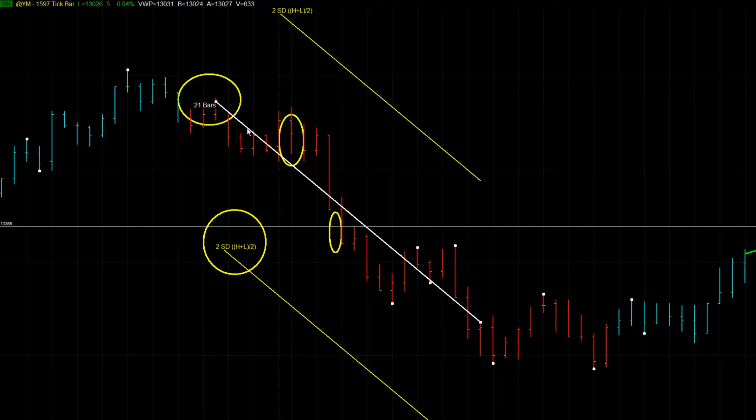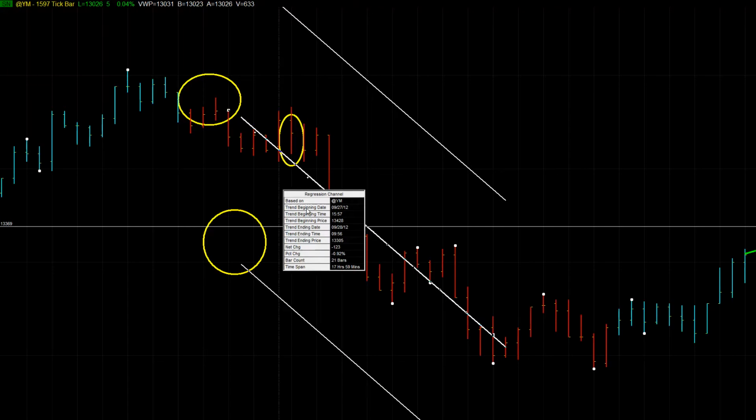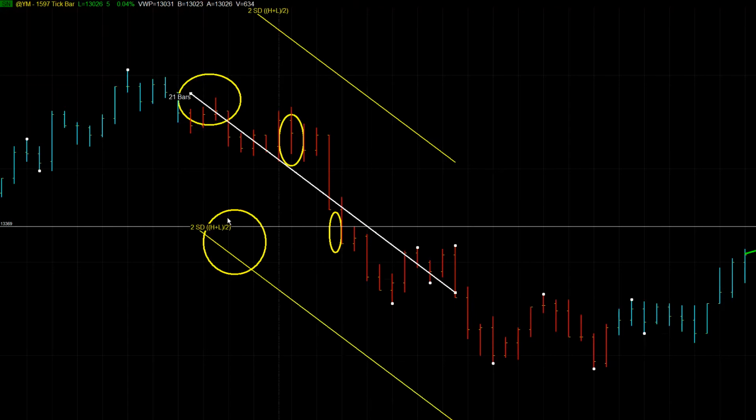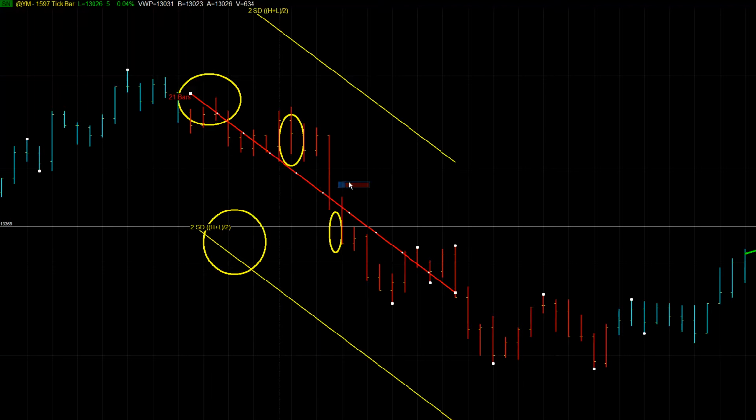So what we're doing, George, is drawing this oscillator without getting confused as to the direction. Let's do this red.